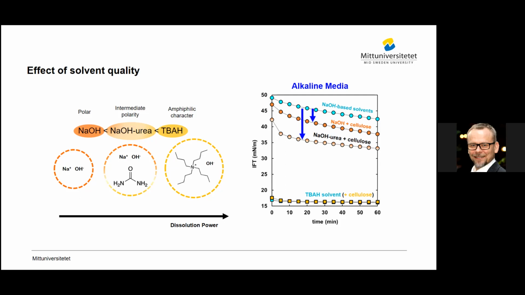The sodium hydroxide based solvents, both sodium hydroxide and sodium hydroxide with urea, lie quite high. If you put in cellulose, it went down as we saw earlier. But if we have the TBAH, we have very low interfacial tension.